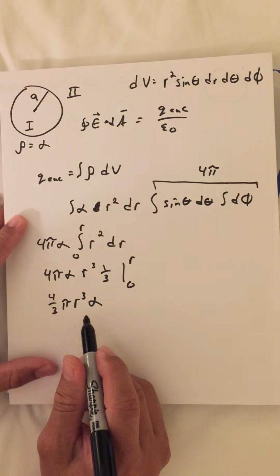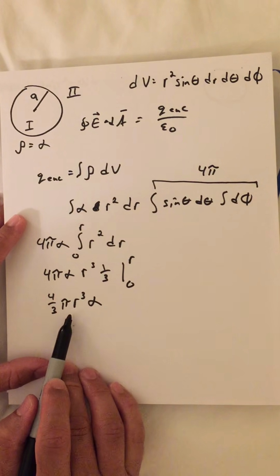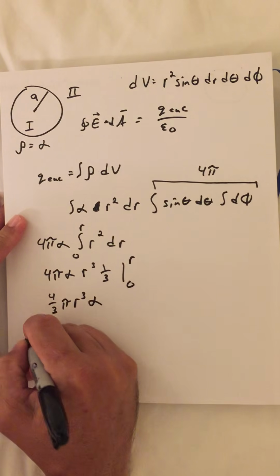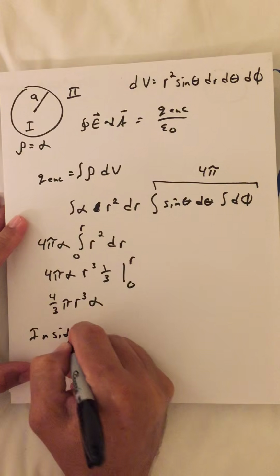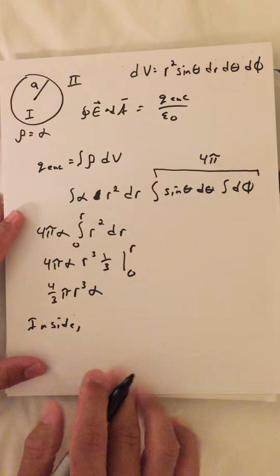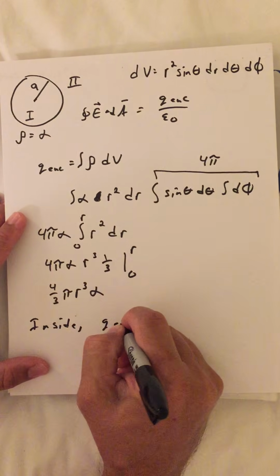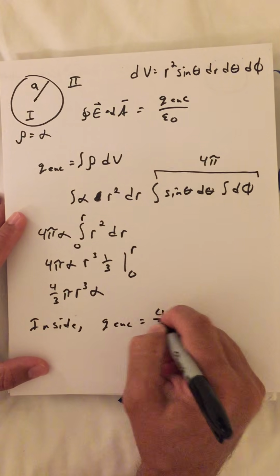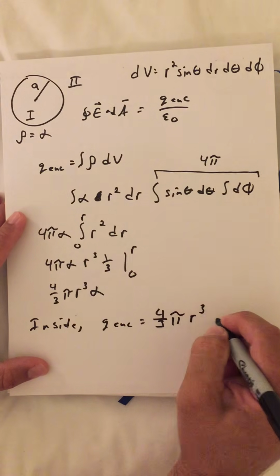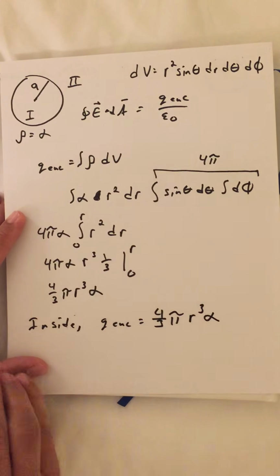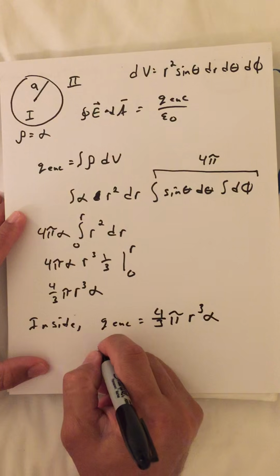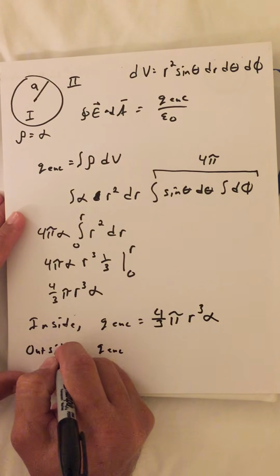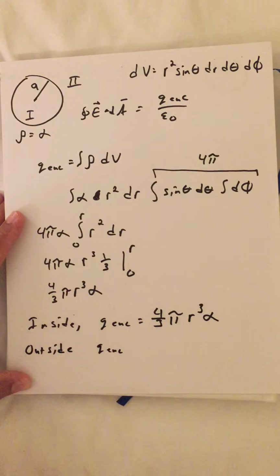No big deal. So inside the sphere, though, this r is a variable. So inside, what I can say now, inside, Q enclosed is going to just be 4/3 pi r cubed alpha. Outside, Q enclosed, and this is outside, what I've called region 2.